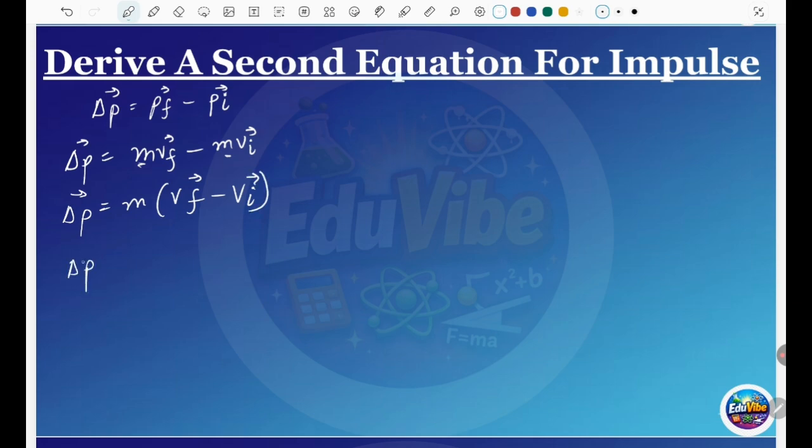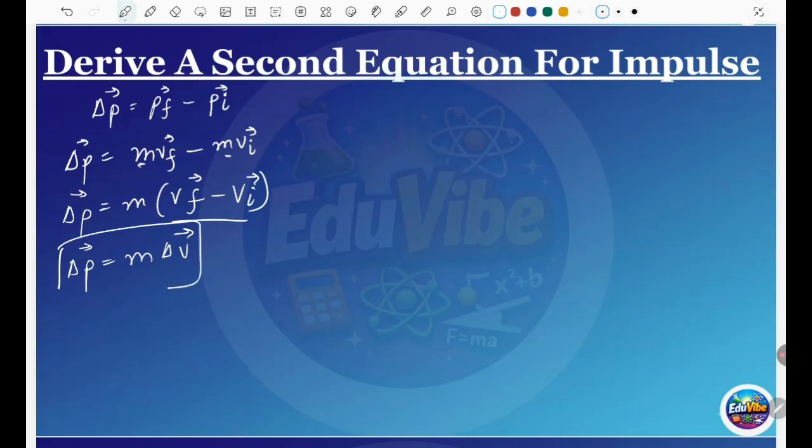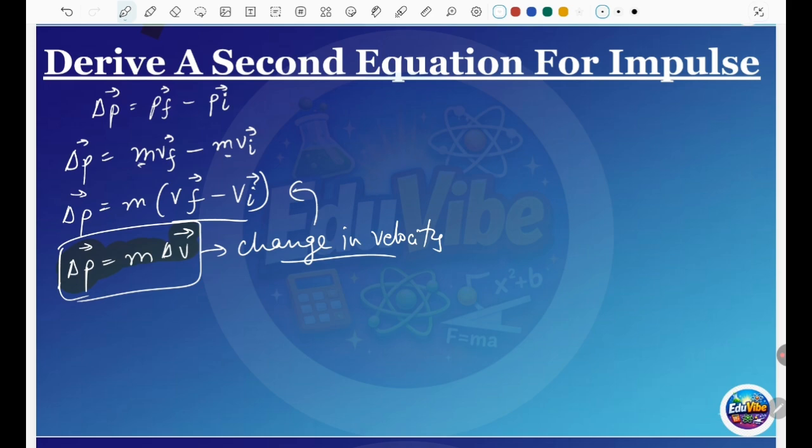Now, what is vf minus vi? It is delta v. So there is another formula: the change in momentum, delta p, is equal to the mass times delta v, where delta v is the change in velocity. That's how you have two formulas for impulse.